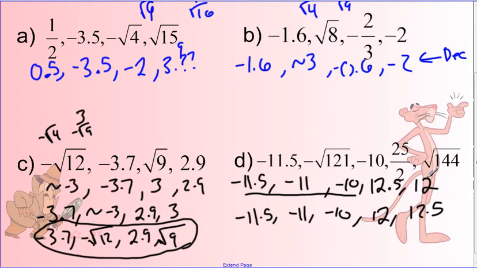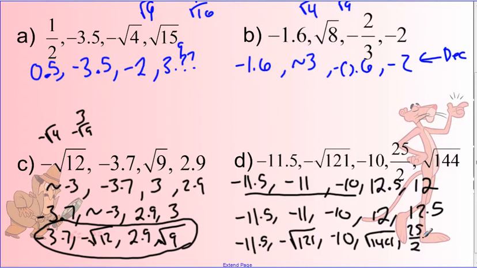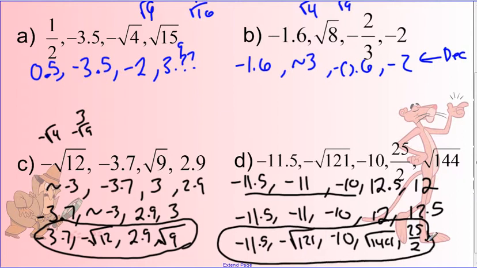So decimals, put them in order, change it back. -11.5, negative square root of 121, -10. Now we need this one, square root of 144, and 25 over 2. Alrighty.